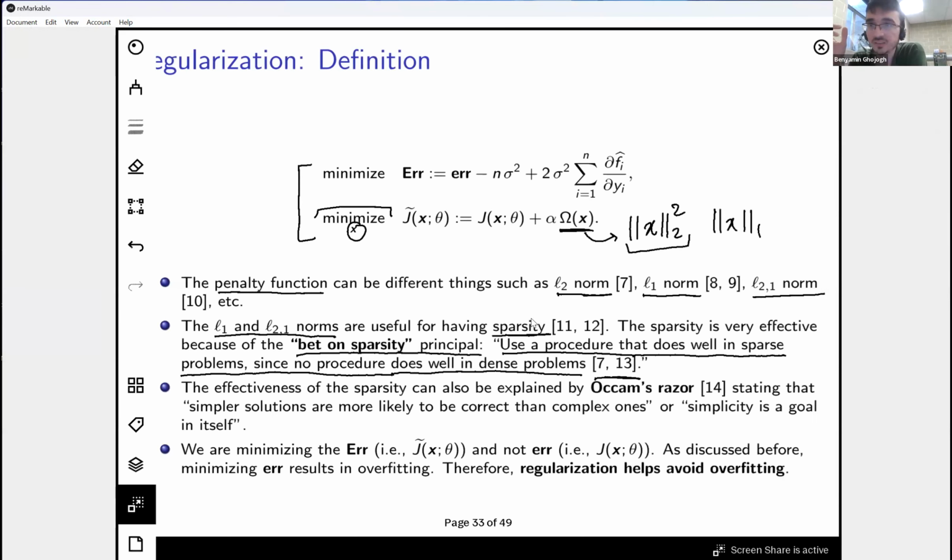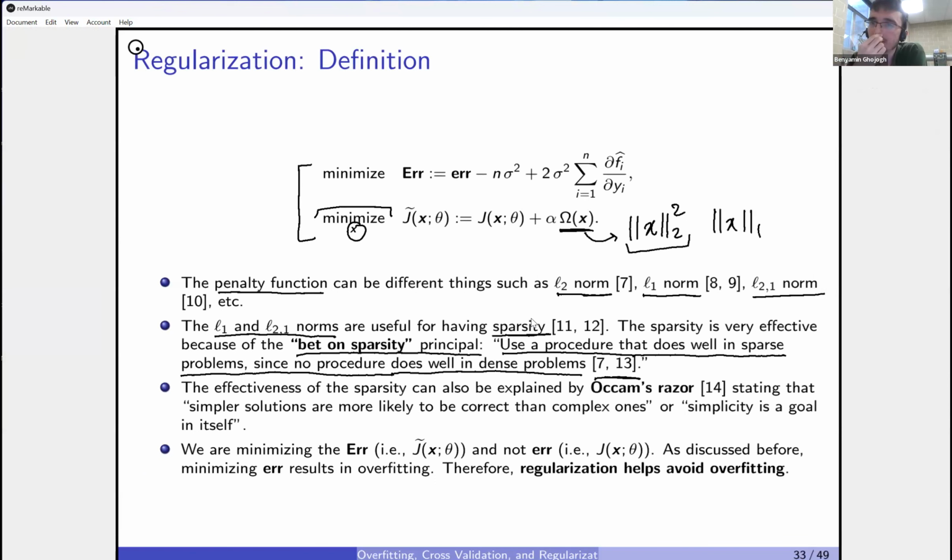So blindly, I bet that if you run the models and test them on the test data points, you will see that usually the sparse model works better. Not always. Sometimes it's the other way around and the dense model works better. But betting on sparsity says blindly that this usually happens: sparsity works better. It is a principle proposed by Hastie and Tibshirani at Stanford University in their book, Elements of Statistical Learning.